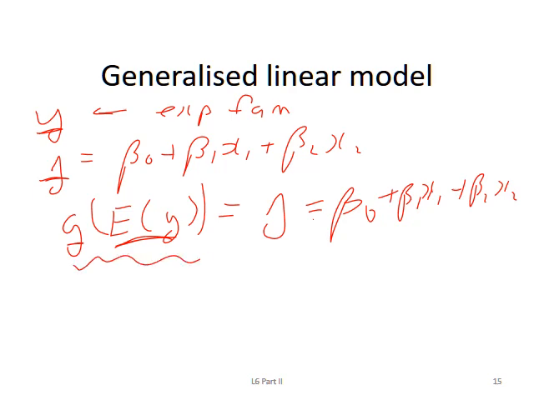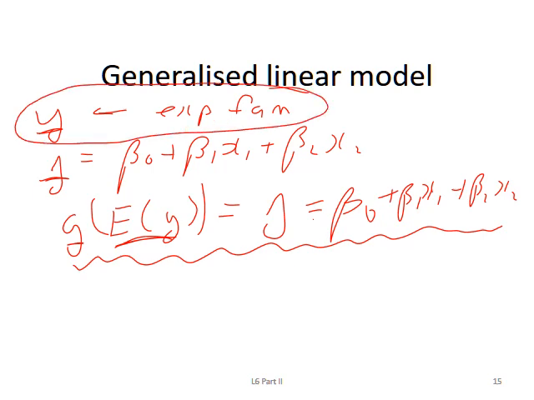It's specifically the link function which makes the generalization of the general linear model to the generalized linear model possible. This generalization is very powerful because we also extend the random component's distribution to the broader class of exponential family distributions.